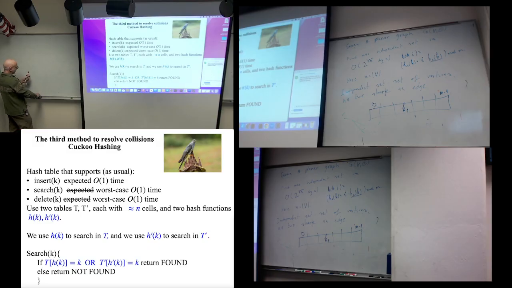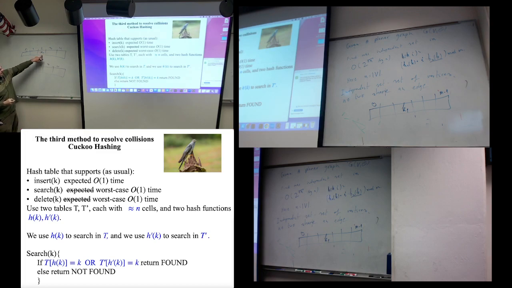So what was the idea? We're using two hash tables, and we are inserting some number x1 into the cell.